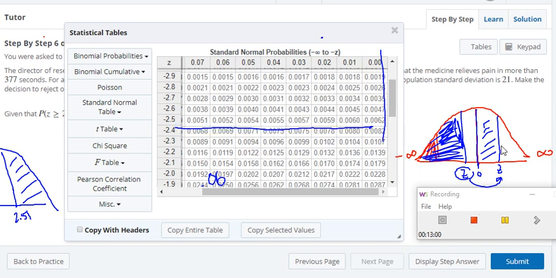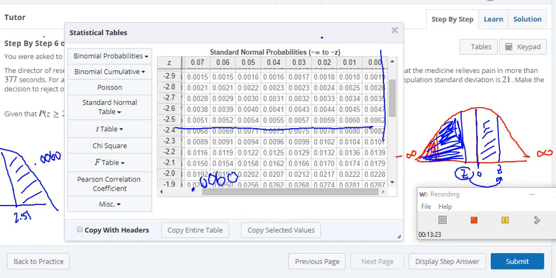Yep. So I'm sorry, 0.0060. And so that's going to be my actual test value, even though that's the area right here. This is a symmetrical graph, so that's going to also be the area over here, the area above.